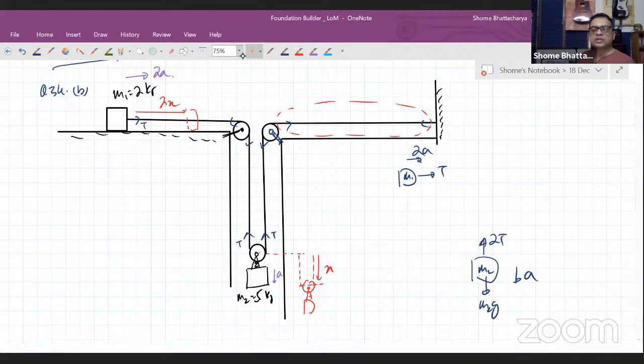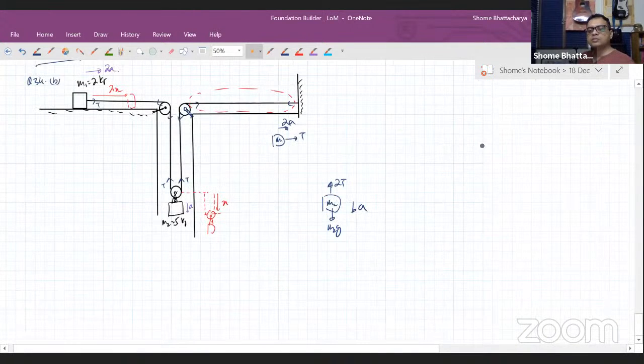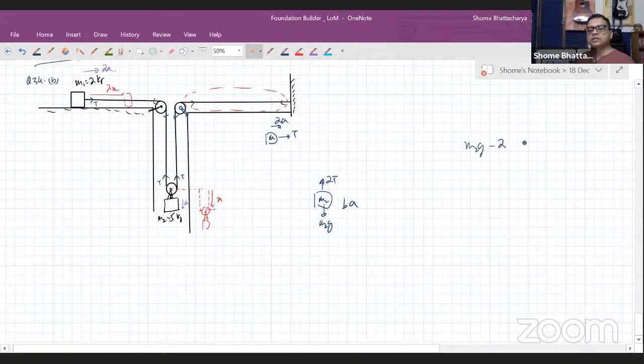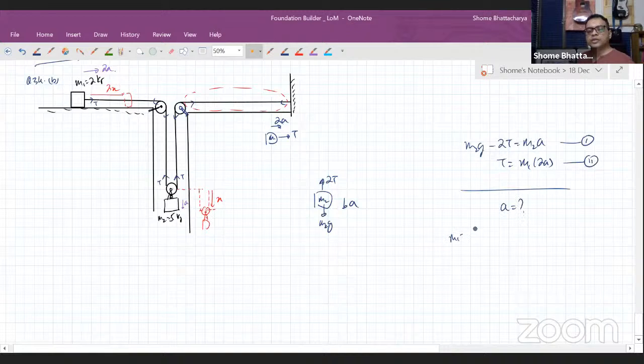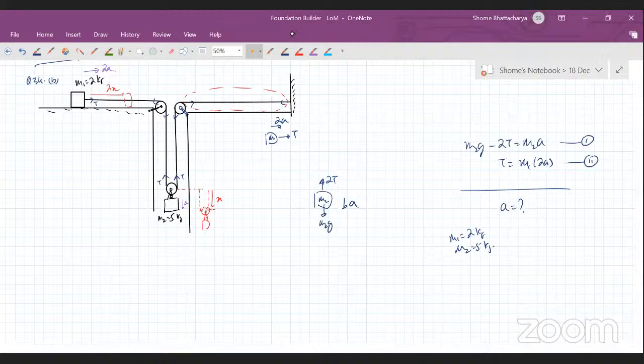So the equations are then like this: M2g minus 2T is equal to M2a, and T is equal to M1 into 2a. Second equation, and now you solve for acceleration, given that M1 is equal to 2 kg and M2 is equal to 5 kg. Hope the constraint relation is clear to you. Just work this out.